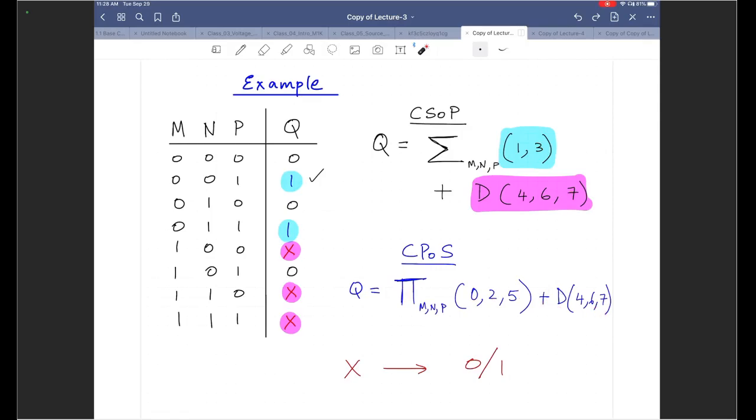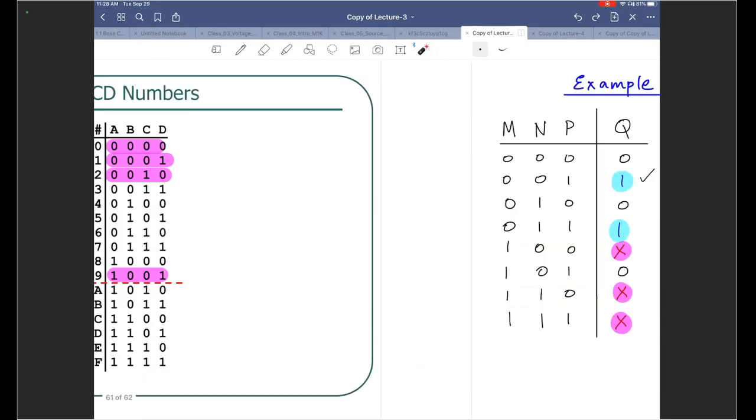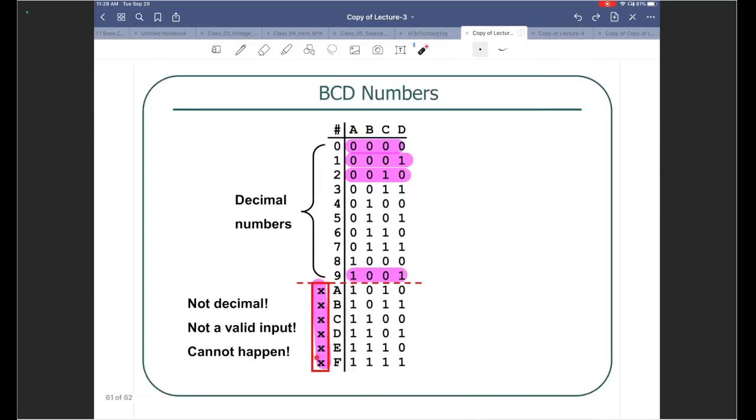How do you know where the don't cares go? Right now, I have just chosen an arbitrary truth table. But in this example, because we had a particular situation, that's how we knew the don't cares go there.